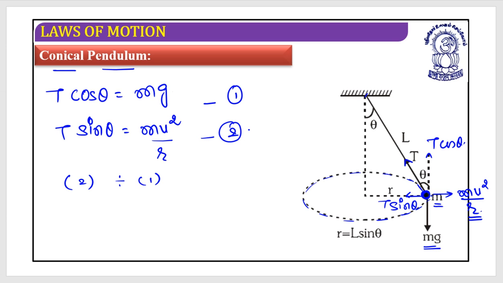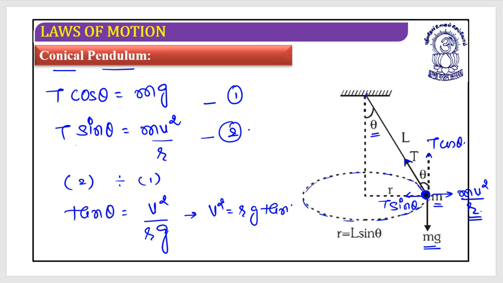The T would be gone, and sin theta by cos theta, it's a tan theta, that should be equals to v square by r into g. This is the angle theta. Tan theta is equals to v square by rg, and from this you can have that v square is equals to r into g into tan theta.